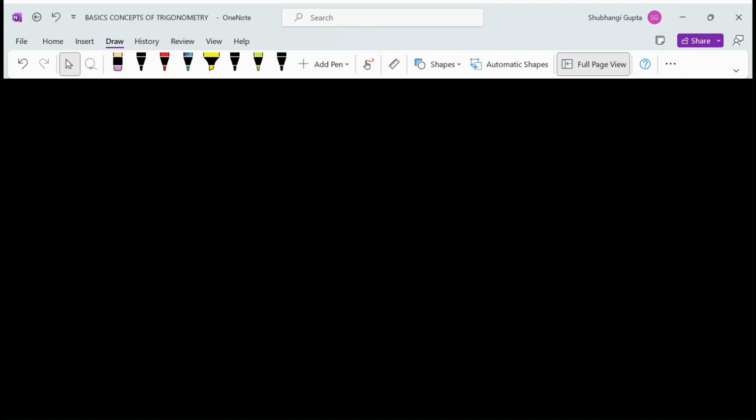Trigonometry, and we will learn about the basic concepts of trigonometry. To start with, we will learn how it is related to a right angle triangle. So let us first draw a right angle triangle.